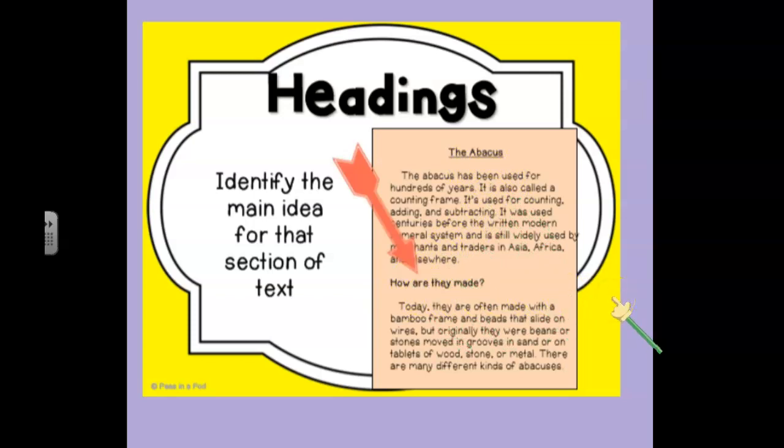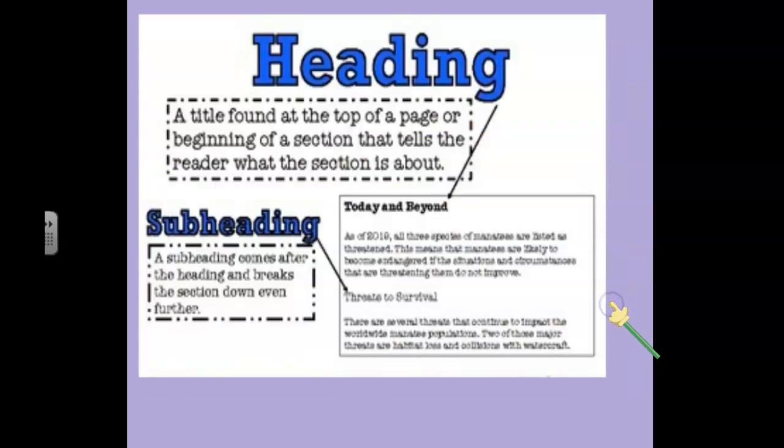Here's another example of what headings and subheadings look like. Your heading is like a title found at the top of the page or the beginning of the section. It's going to tell you the main idea, what it's mostly about. That subheading is going to be below it. Remember, think about submarine, below it, subheading.